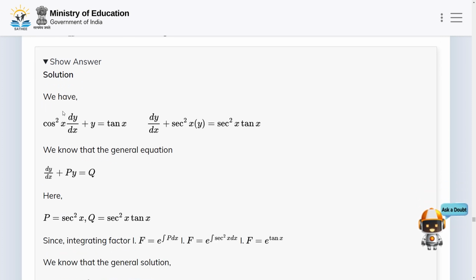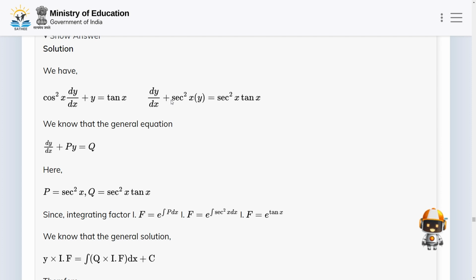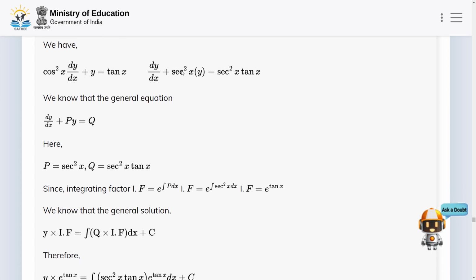As I have already told you, p will be sec square x and q will be, what we have done, we have just divided both sides by cos square x. That's why tan x and cos square x gives you tan x multiplied with sec square x. Okay, so p will be sec square x.